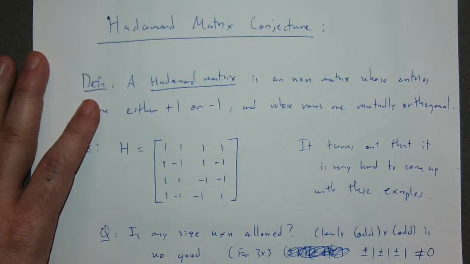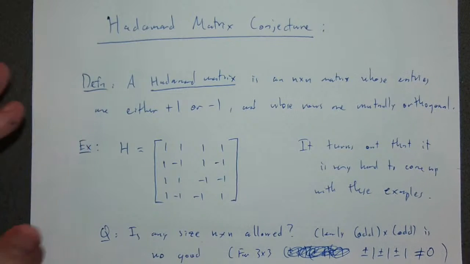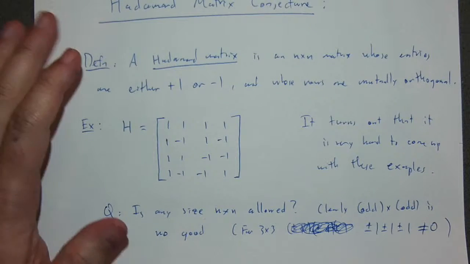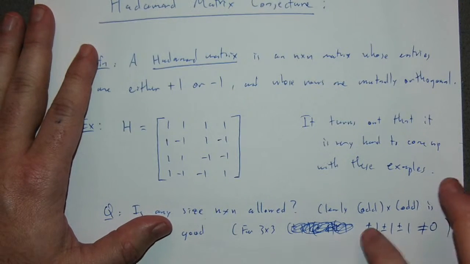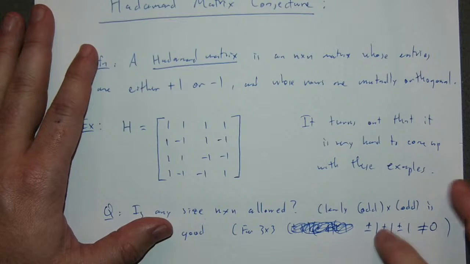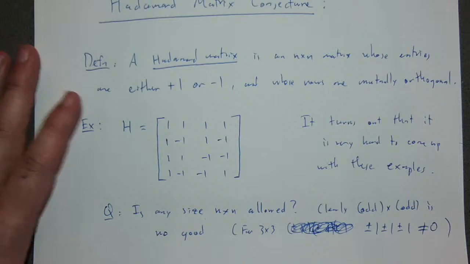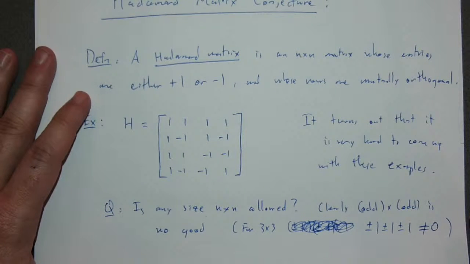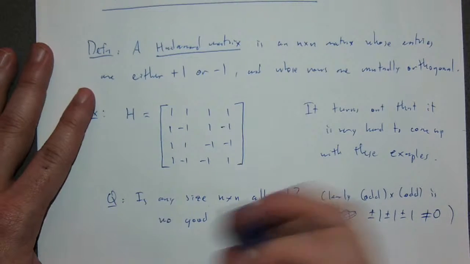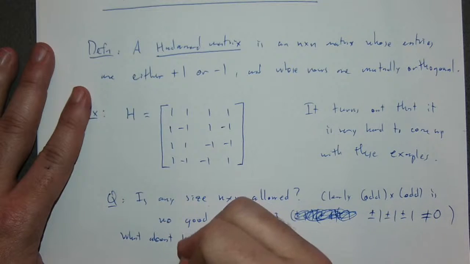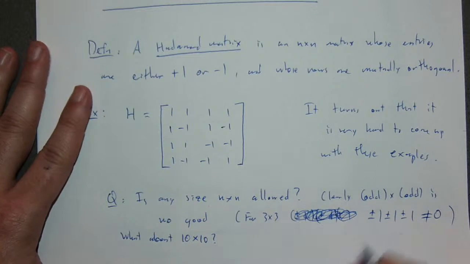So that's no good. Of course, when I write this plus or minus, I don't mean that these all have the same corresponding sign. It just means they can be either one. No combination of those can be 0. Anyway, but also, what about 10 by 10? That's even. Is that okay?